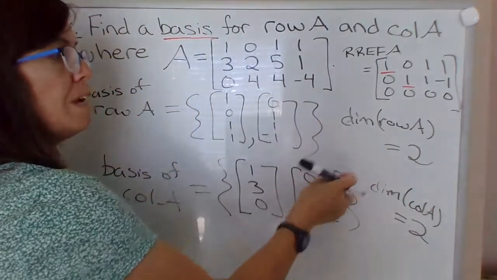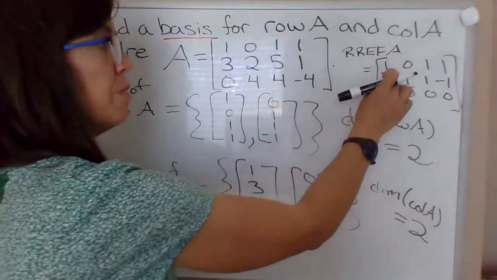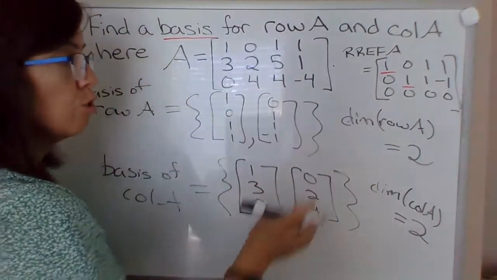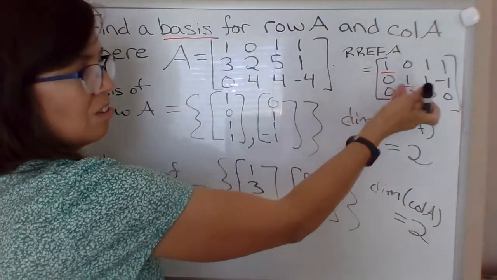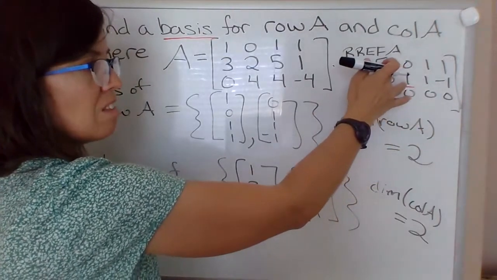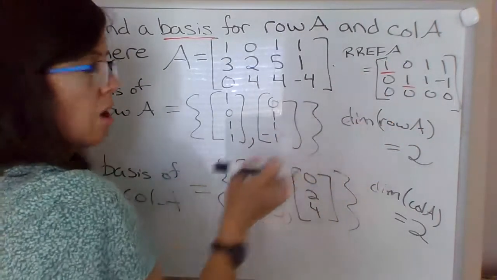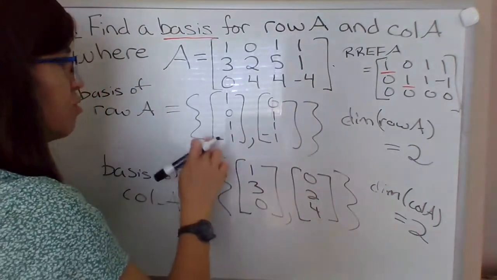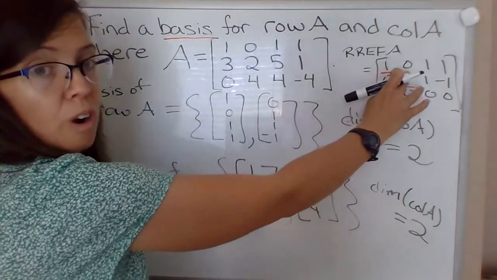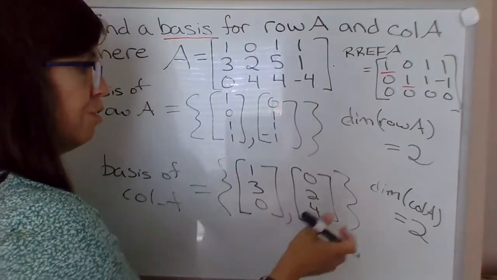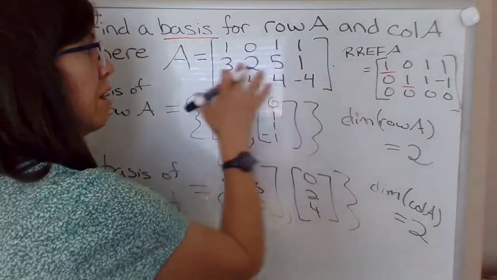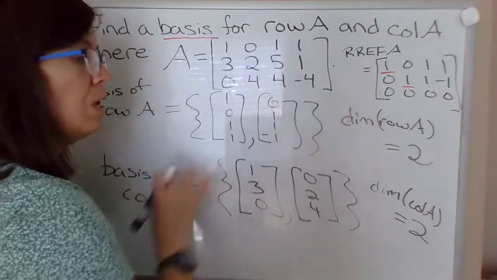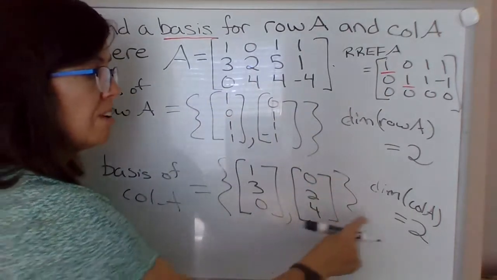These will always be equal because they're both coming from where the pivots are. For the row space, we use the non-zero rows of the reduced form, which are the pivot rows. We use the pivot rows of REF of A. And then for a basis for the column space, we use the pivot columns in the original matrix. Either way, it's corresponding to the pivots.